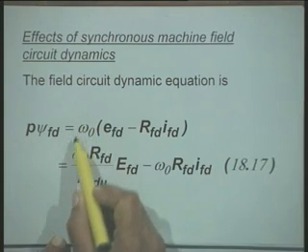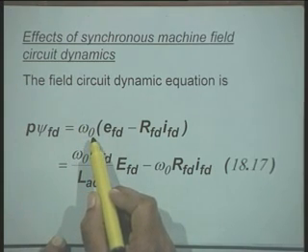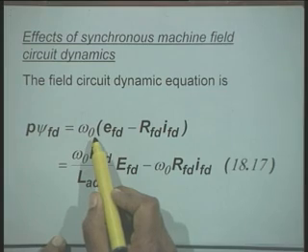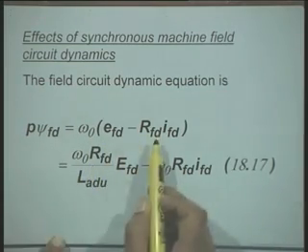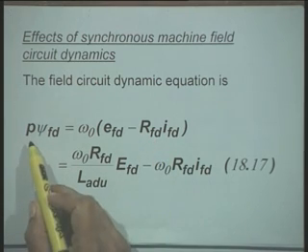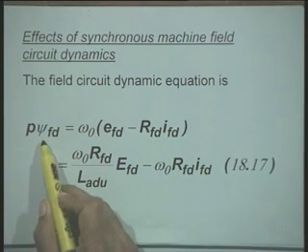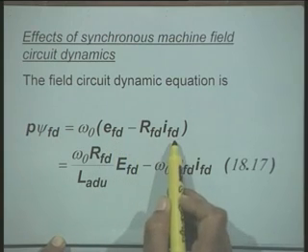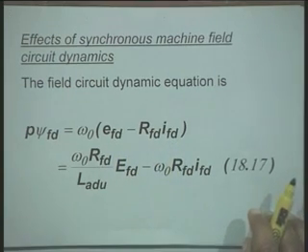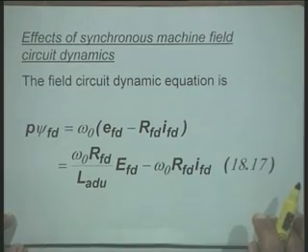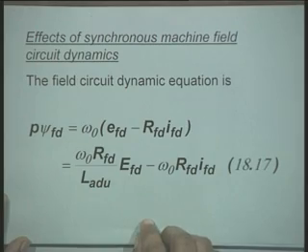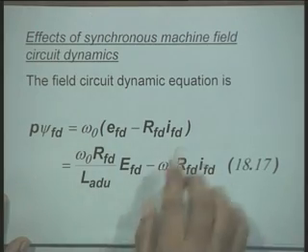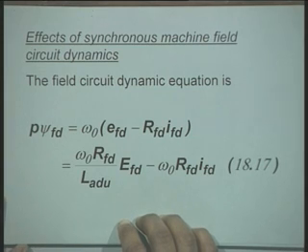This term omega naught comes because we are now considering the time in seconds rather than in per unit. When we developed this equation in per unit, it was simply d by dt of psi fd equal to Efd minus Rfd Ifd. Here we do one transformation, because this equation is written considering Efd and Ifd in the reciprocal per unit system.